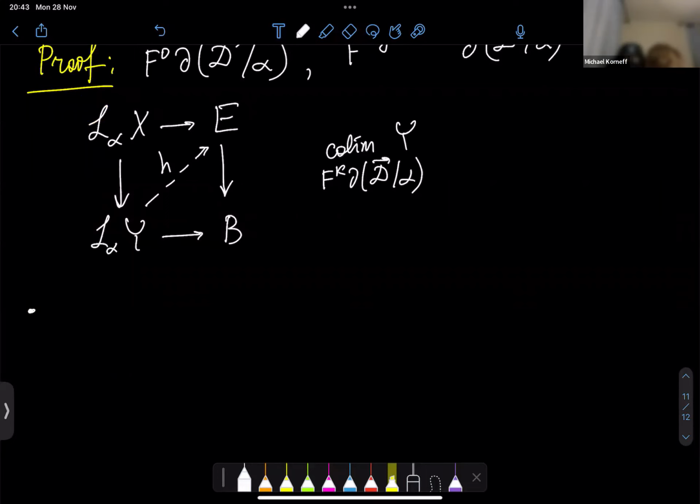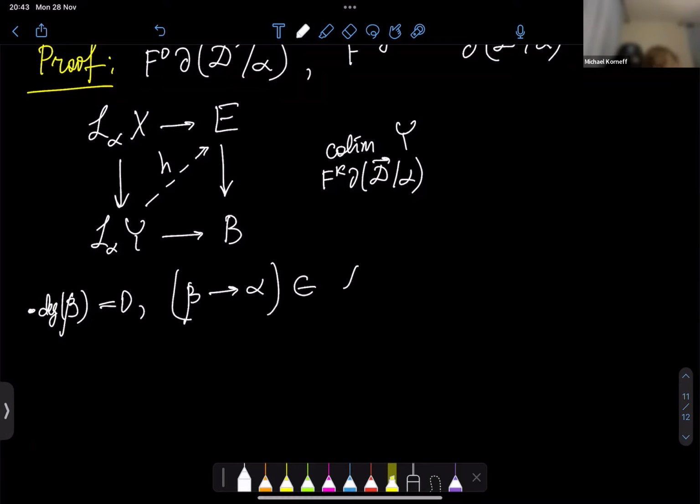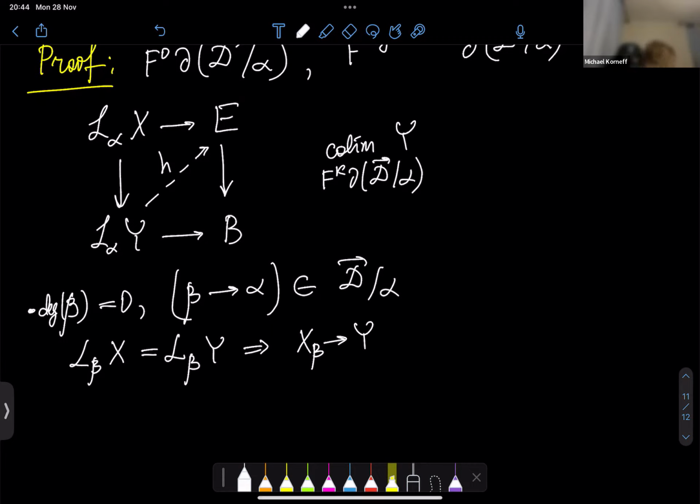So suppose that beta has degree 0. Then for this object of this category, we know that the corresponding latching objects are initial and hence coincide, and thus the map between X beta and Y beta is the same thing as the latching map.